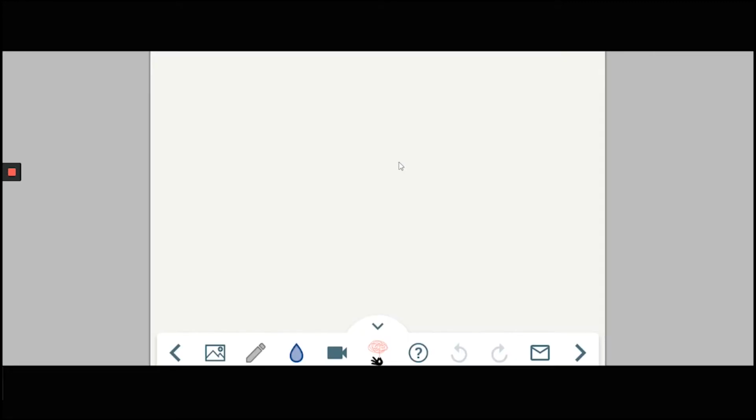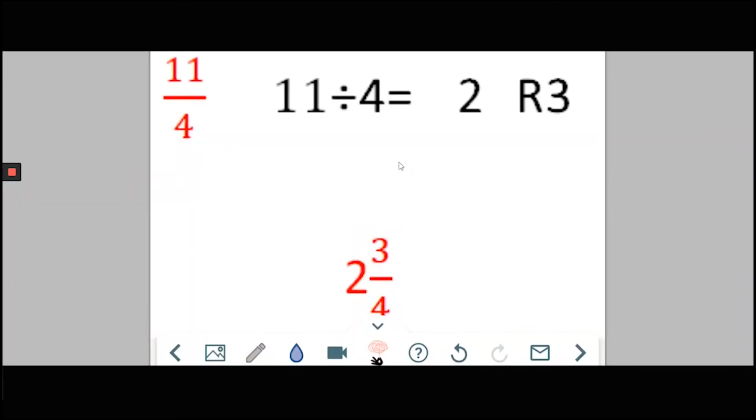All right. In order to convert an improper fraction to a mixed fraction, we have to do some math. But it's okay. It's really easy math. Do you think you can handle it? I think you can because you were doing a really good job with division, right? So all we need to do is some division.